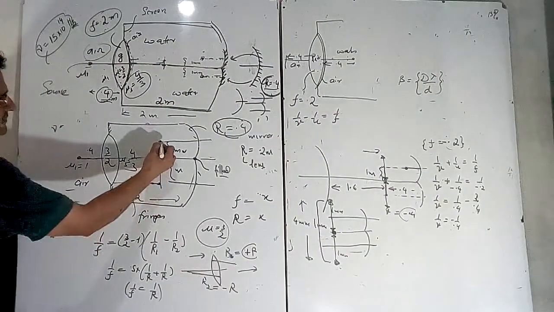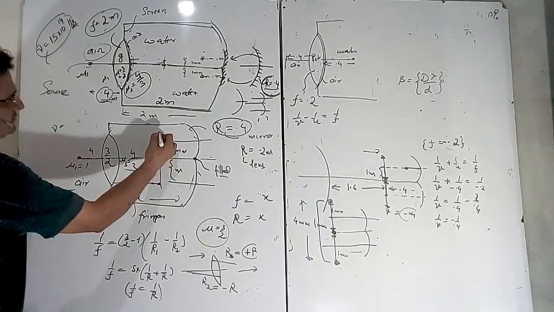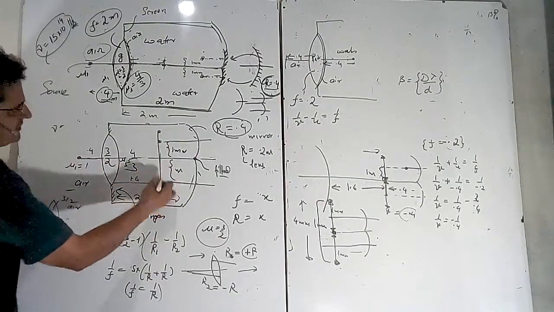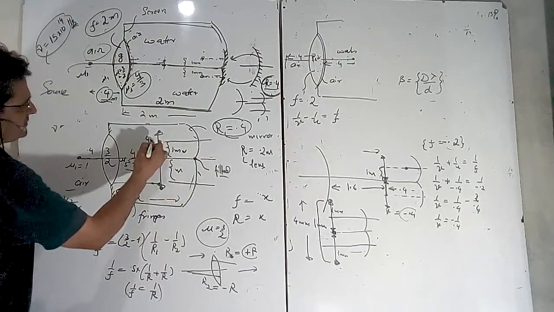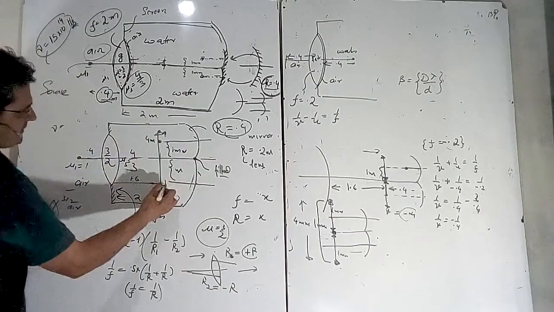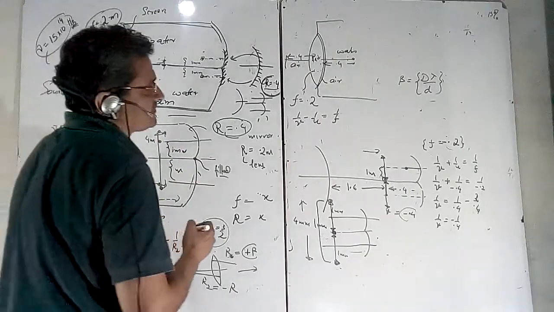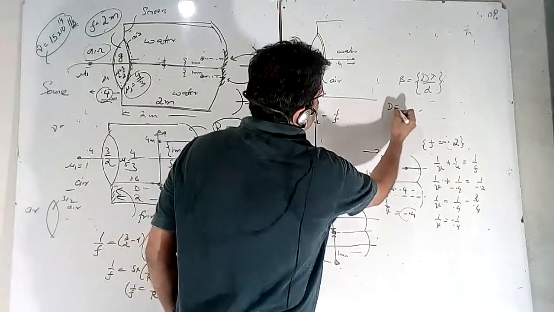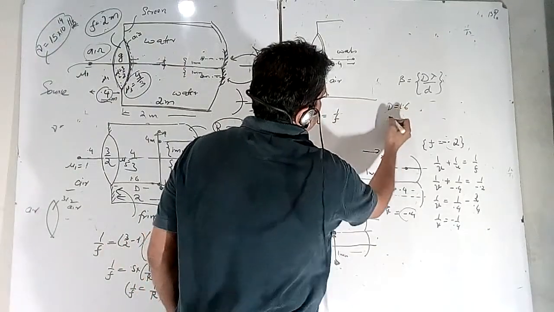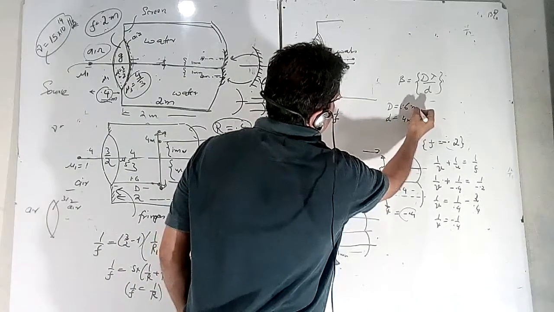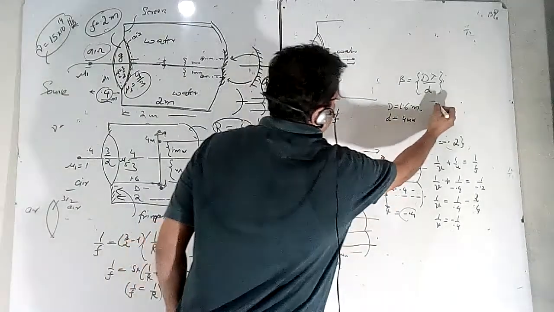Here are the images formed. This distance, small d, is 4 millimeter, and this is capital D. From the screen it was 1.6. So D is 1.6 meter, small d is 4 millimeter.